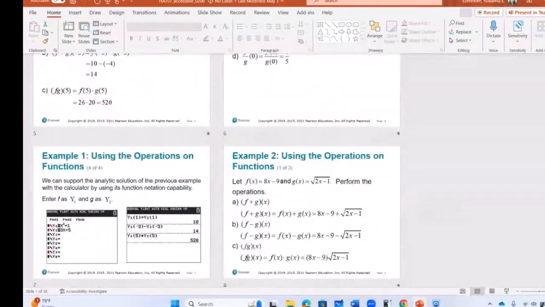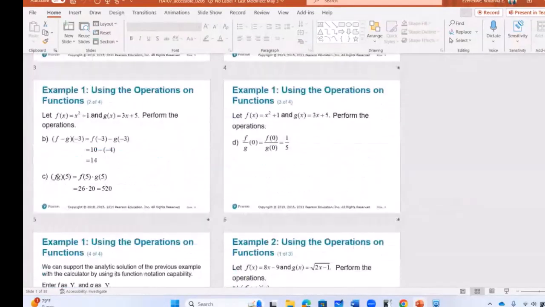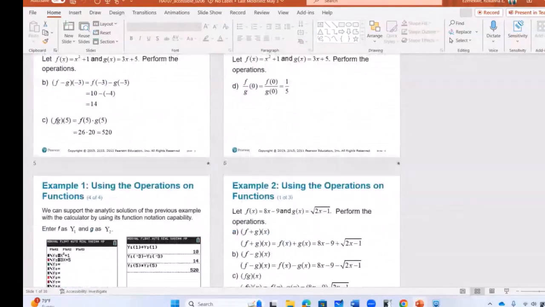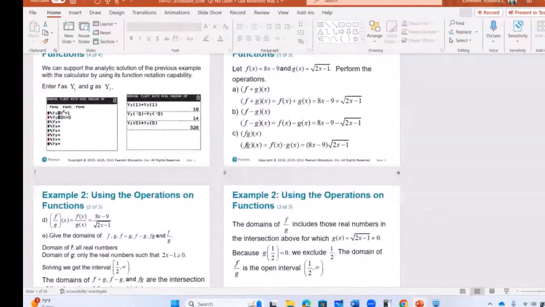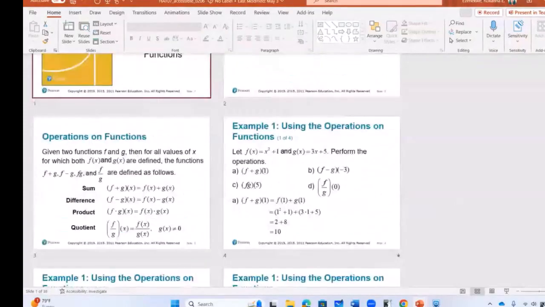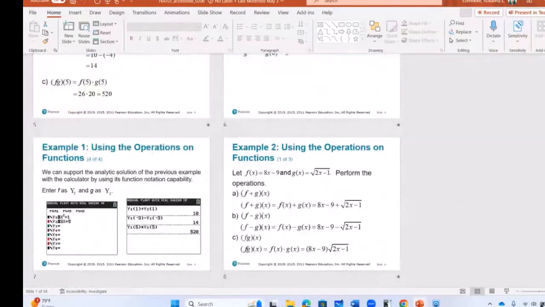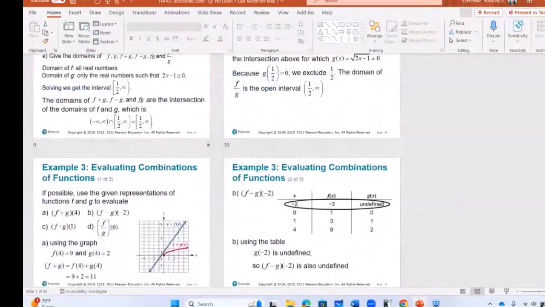This is what we were talking about before. I want you to see that all those manipulations are here, how you can do it with your calculator. They're already in your PowerPoint, so you can look them up. Don't forget to read your PowerPoint.